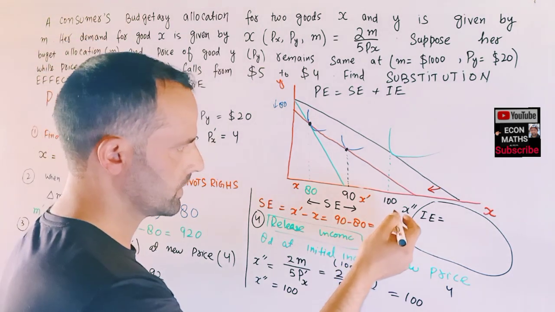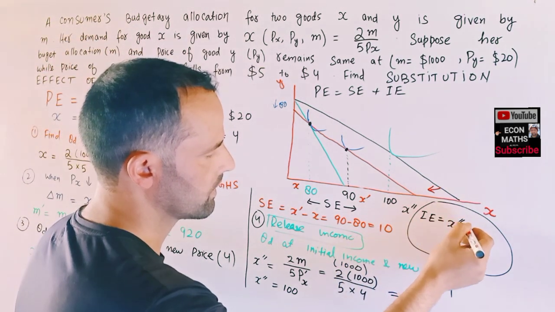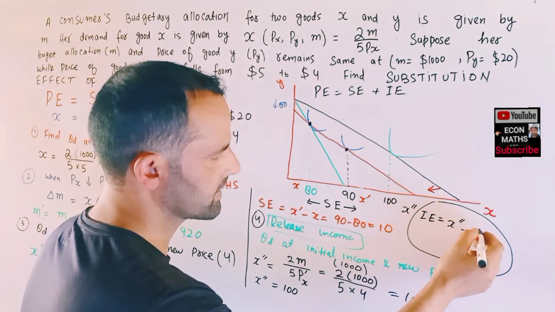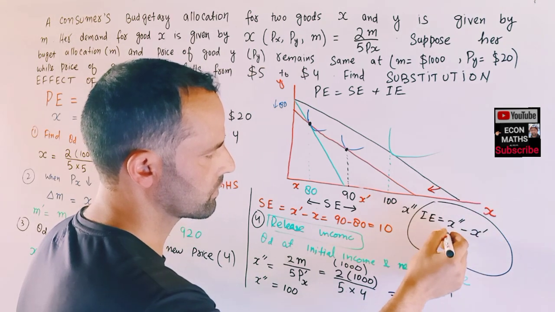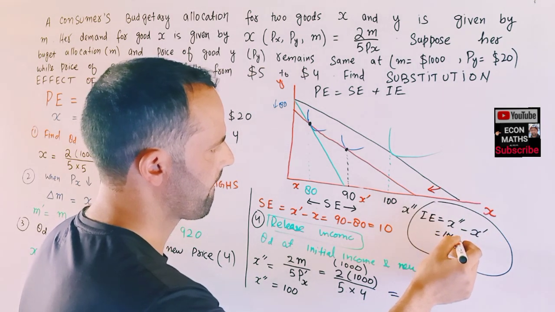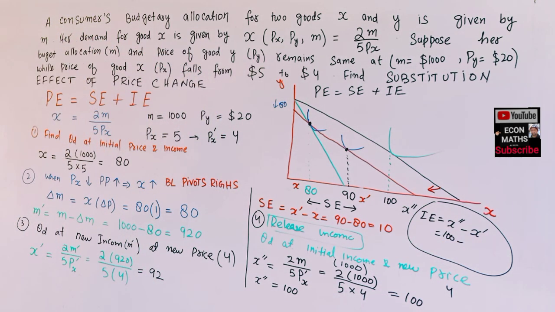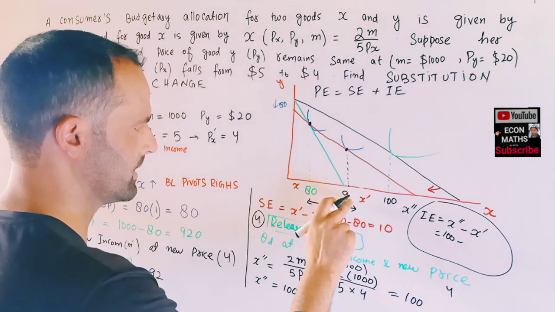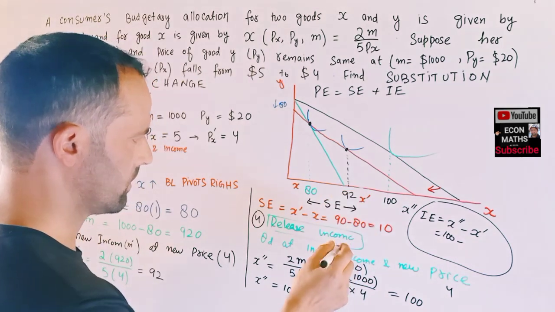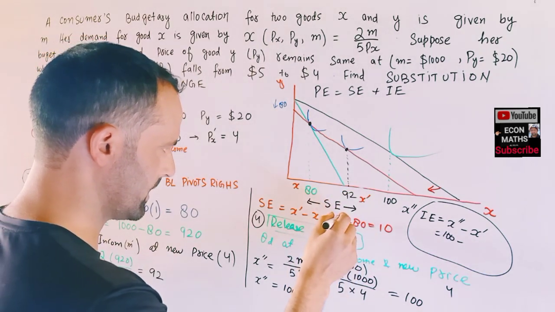So x double prime minus x prime, which comes out to be 100 minus, actually it is 92. Sorry for the mistake.